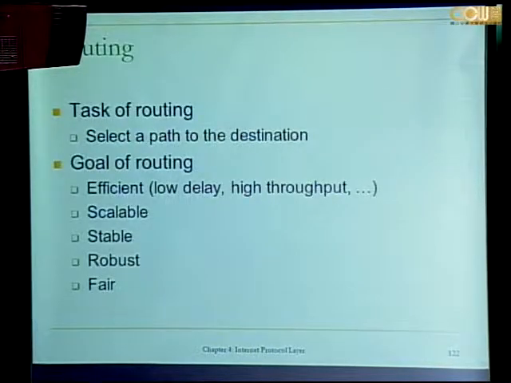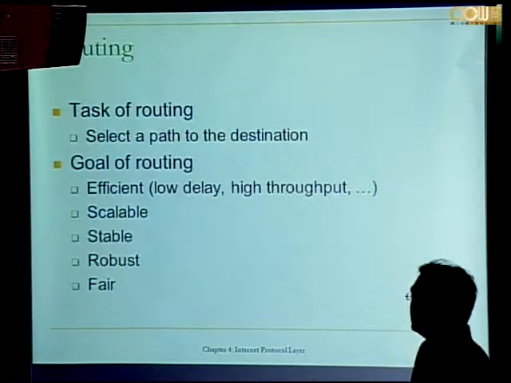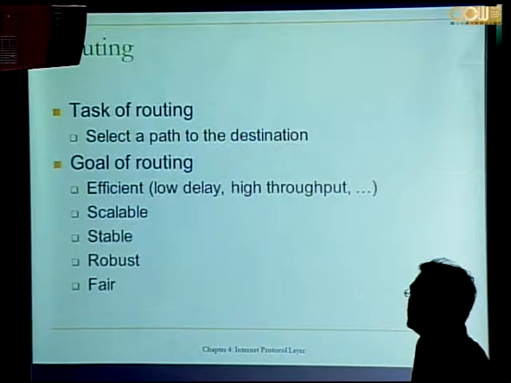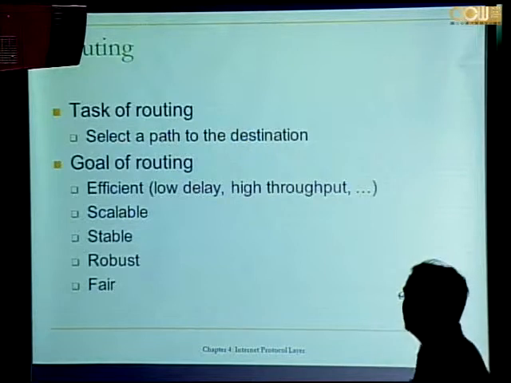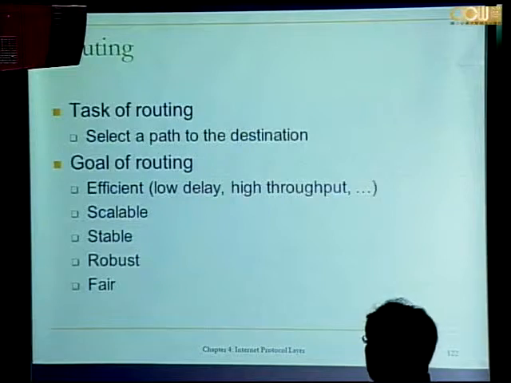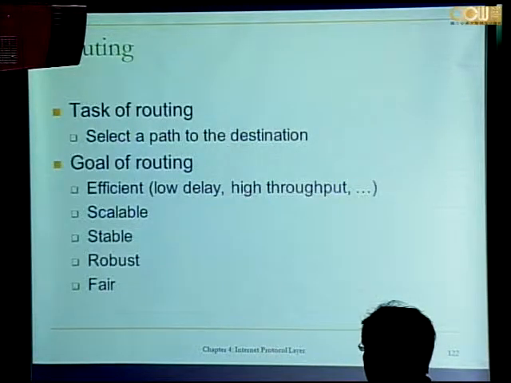But before that, let's see what is routing. We have talked about that in chapter 1. The task of routing is actually to select a path to the destination. And the way that IP routers interpret this is to compute the next hop for packets destined to a destination host.